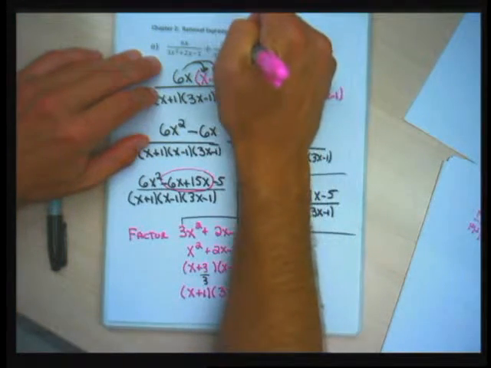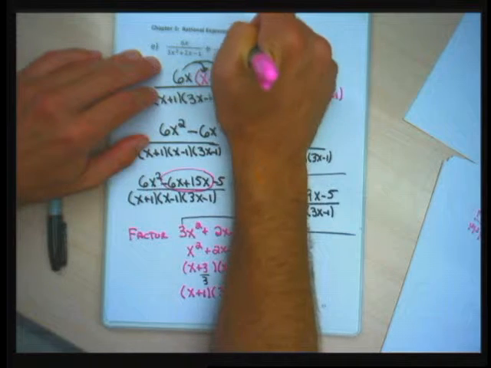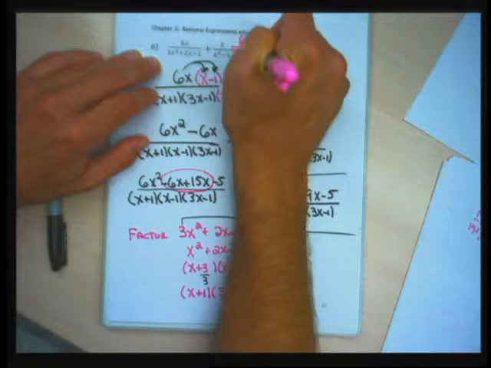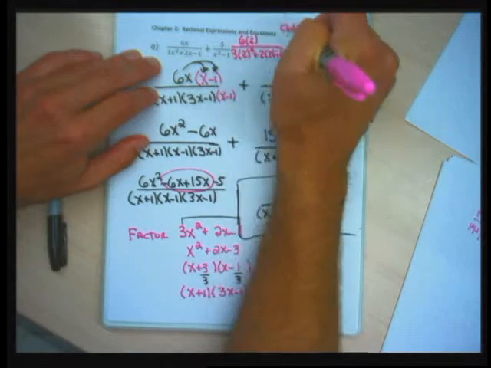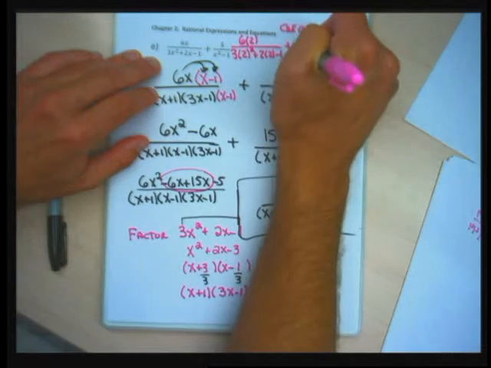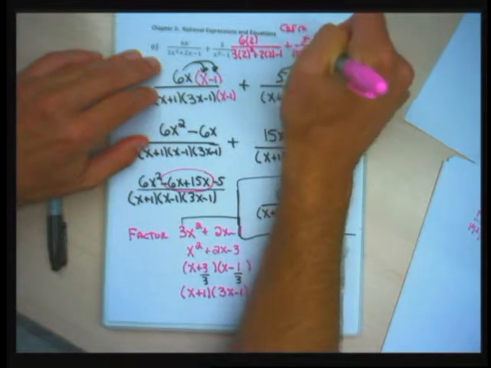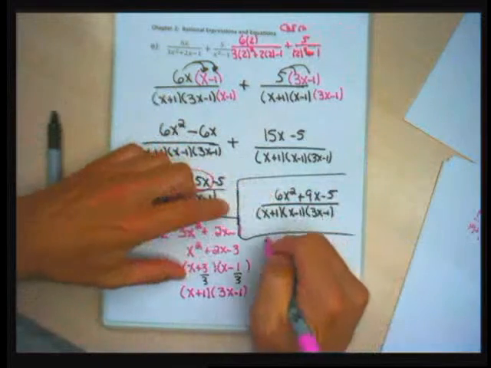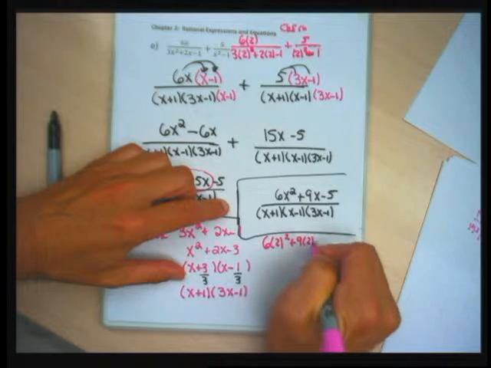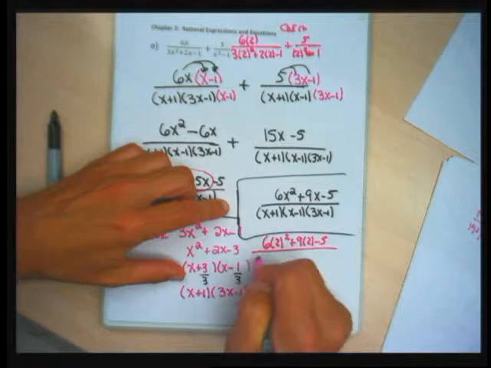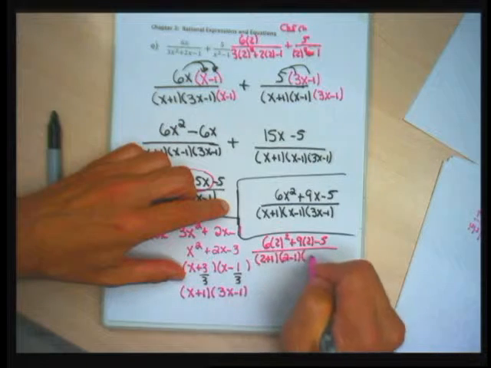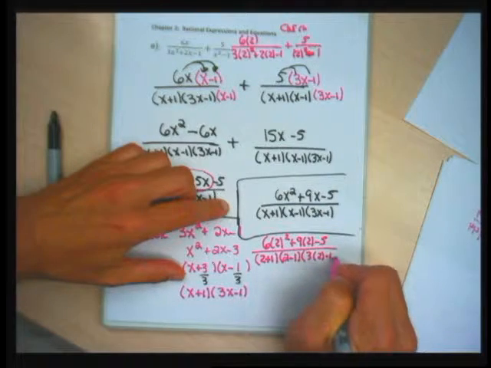I'm going to go 6 times 2 over 3 times 2 squared plus 2 times 2 minus 1 plus 5 over 2 squared minus 1. And I'll come down here and go 6 times 2 squared plus 9 times 2 minus 5 over 2 plus 1 times 2 minus 1 and 3 times 2 minus 1.